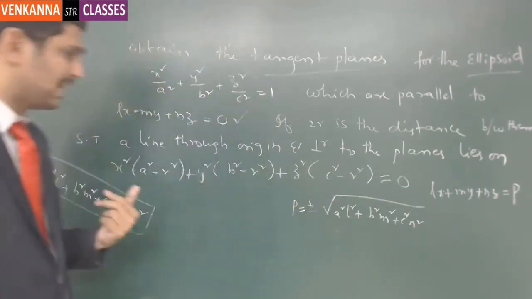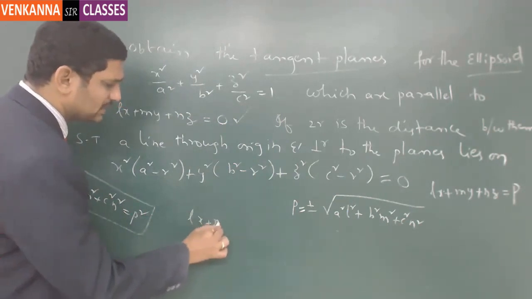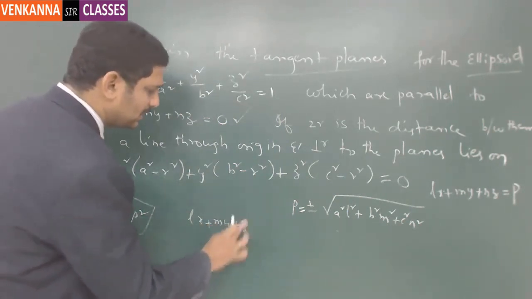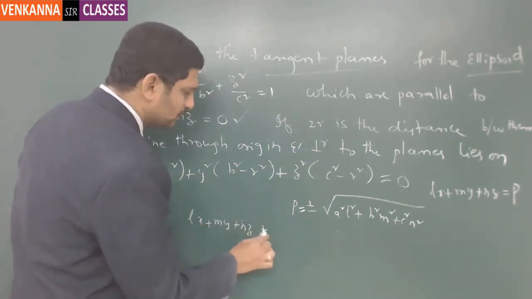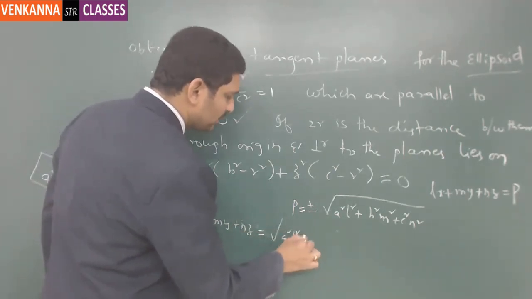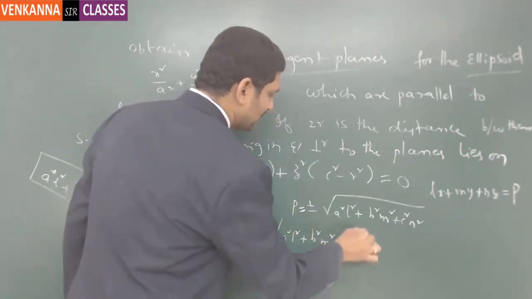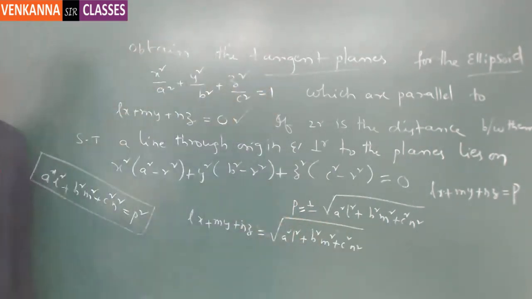So what are those tangent planes? One tangent plane is Lx plus My plus Nz equal to square root of a square L square plus b square m square plus c square n square. This is one tangent plane.